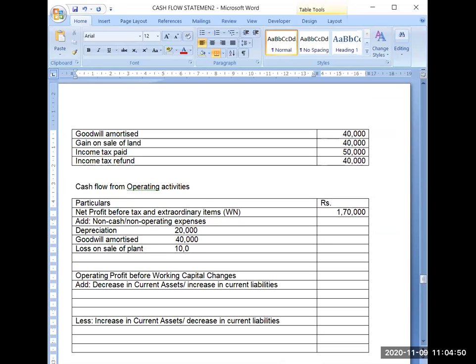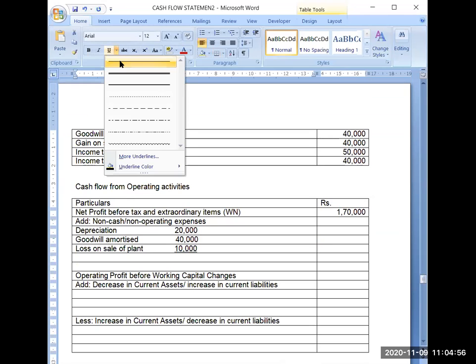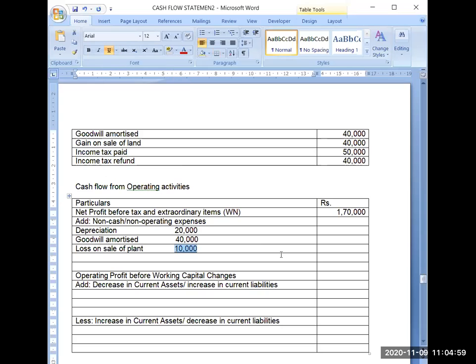So in total it will become 70,000. Now first I will add them up. Now the total will become 2,40,000.